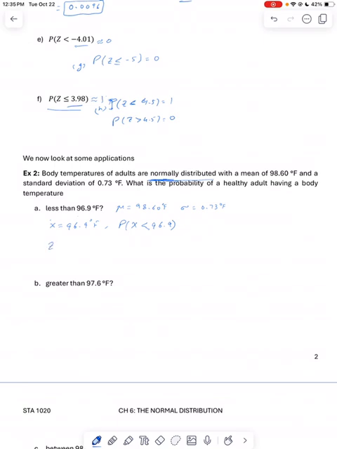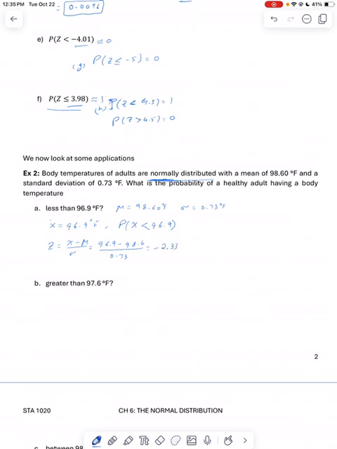So the formula is x minus mu over sigma. So x is 96.9 minus 98.6 divided by 0.73. When you do the calculation, you get negative 2.33. So this is the z value.